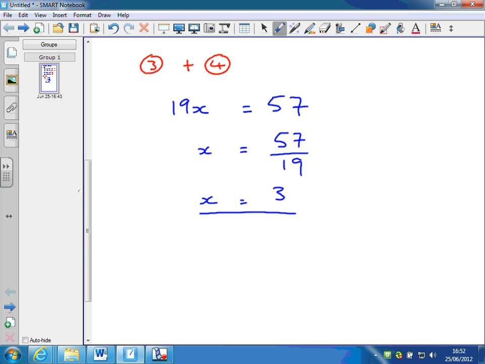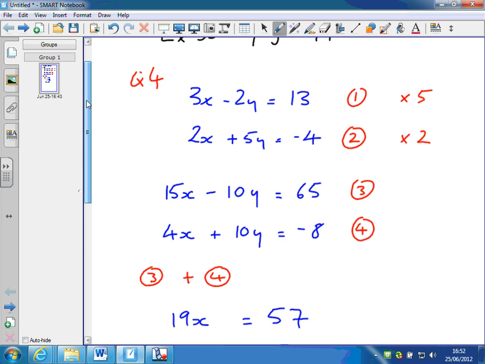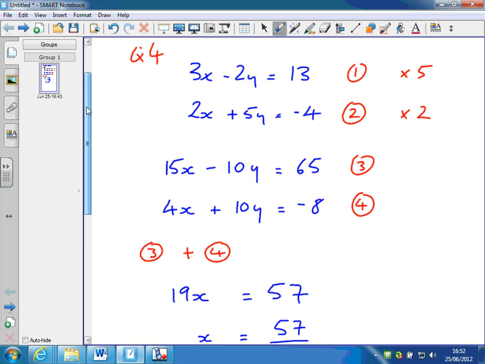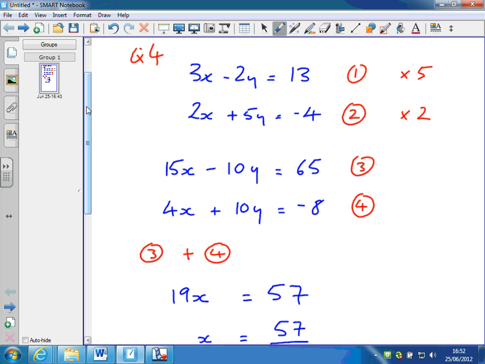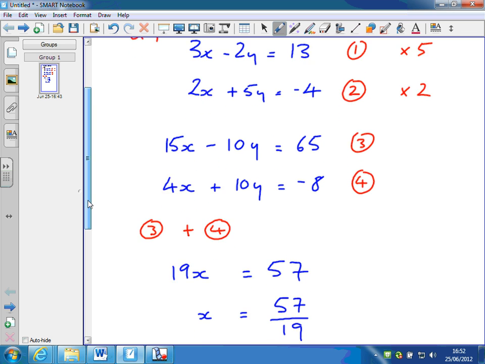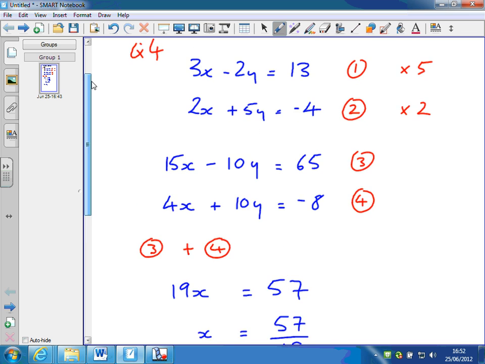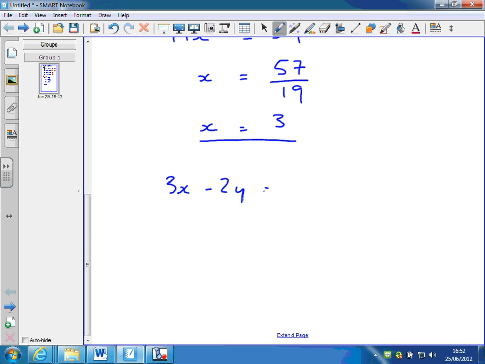Now I've got that x equals 3, I can put that back into the original equation, 1 or 2, and find out what y is. So see if you can do that, but I'll carry on with the solution. So 3x minus 2y equals 13. That's equation number 1.